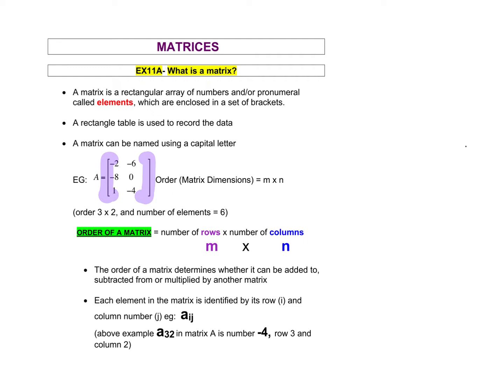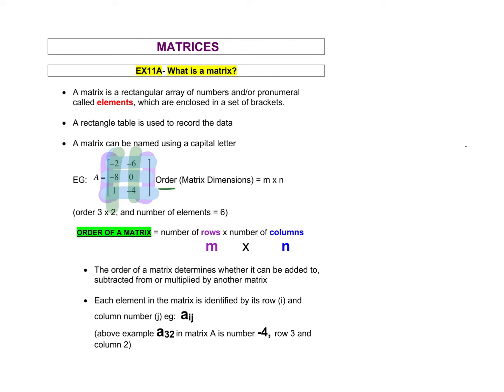Now we can see here with our matrix that we often refer to rows. If you look along here, this one has 3 rows, and we'll also refer to the columns of it as well. So this one has 2 columns. Later on we need to know the order of a matrix.